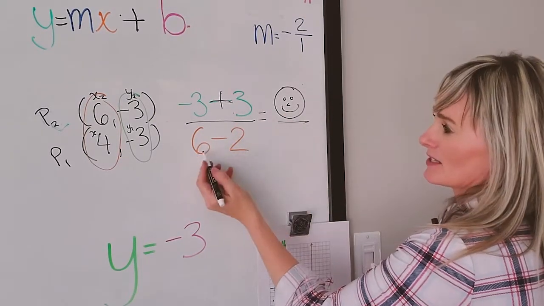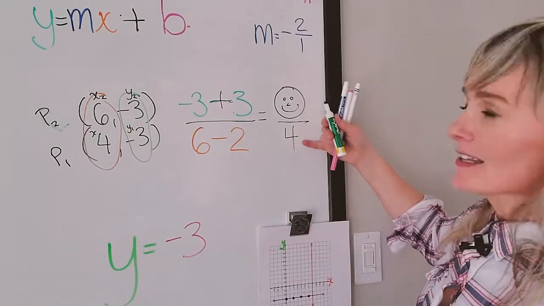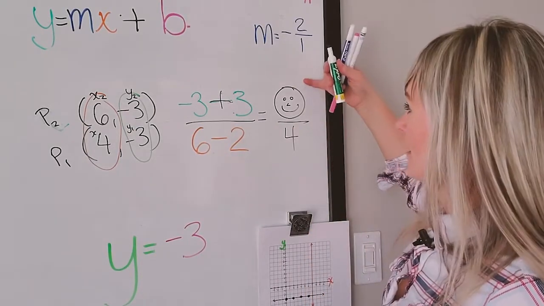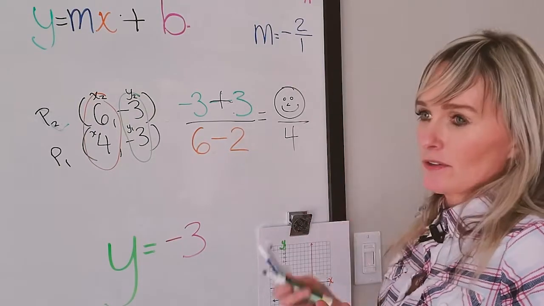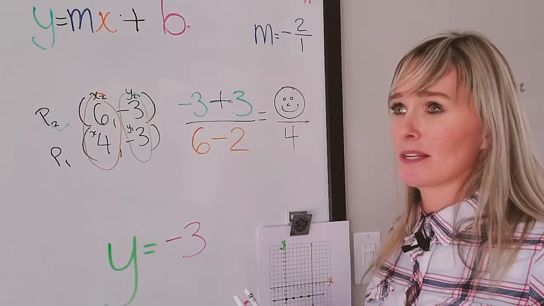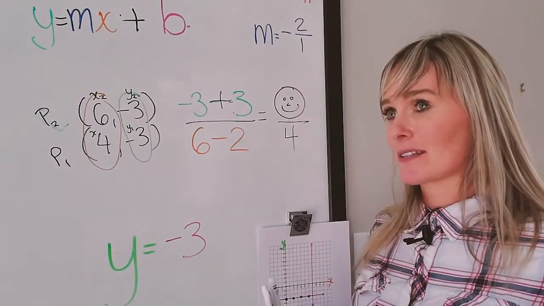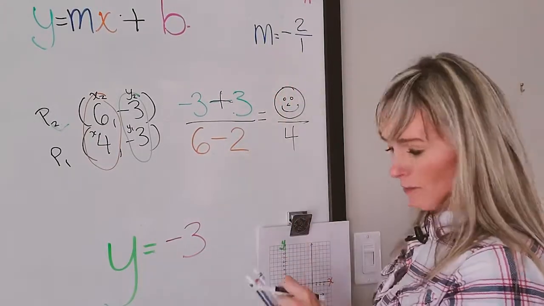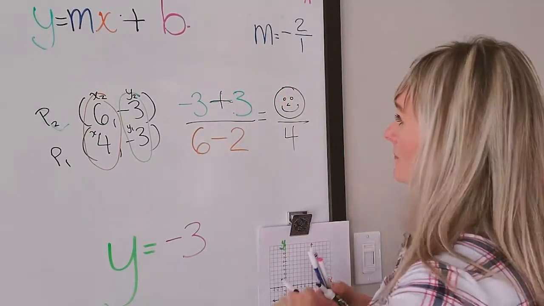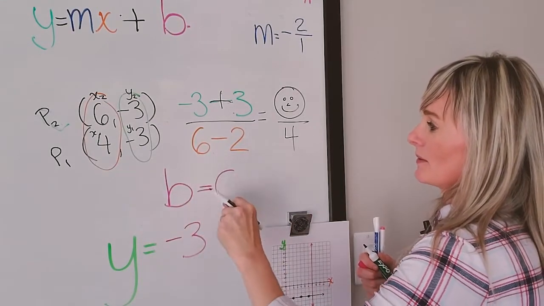And this is going to be 6 minus 2, which is 4. Anything that you divide 0 by, it doesn't matter if you divide 0 into 800 pieces or into 2 pieces, you're still dividing 0, so you have nothing.